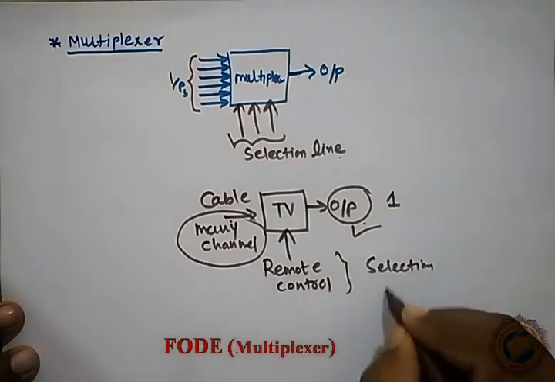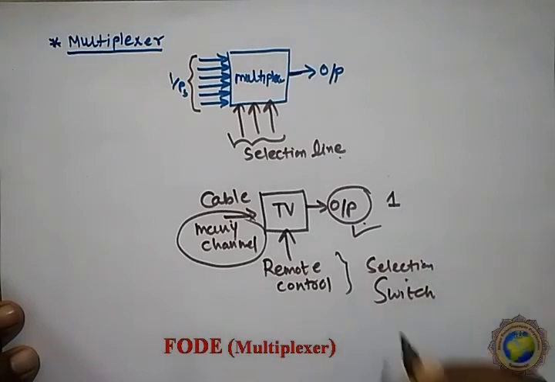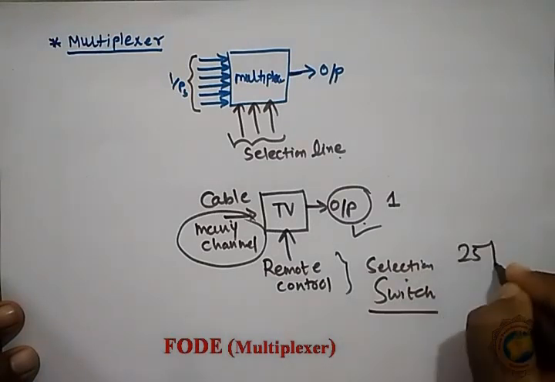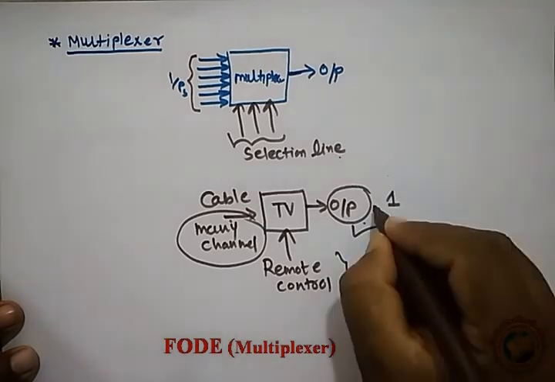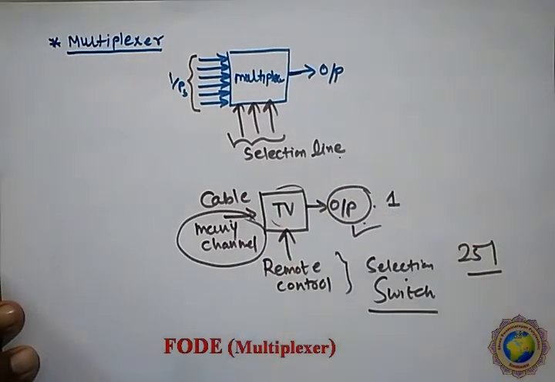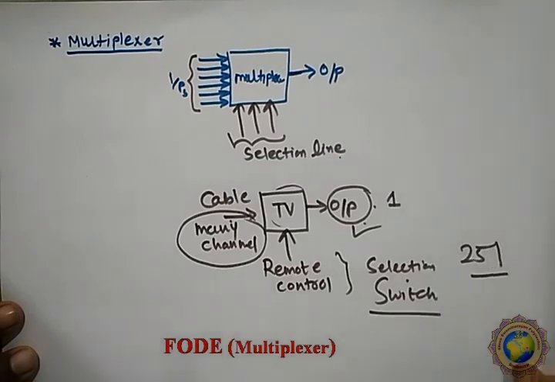From that you can press number 251, then 251 number channel is available on your TV screen. એ તમારા ટીવી સ્ક્રીન ઉપર 251 નંબરની ચેનલ અવેલેબલ હોય છે. So this is the basic fundamentals of multiplexer.